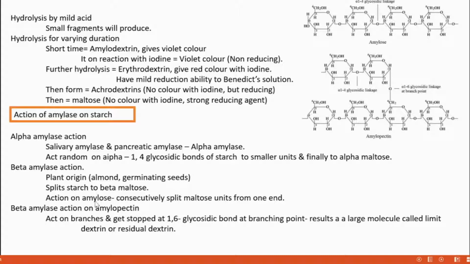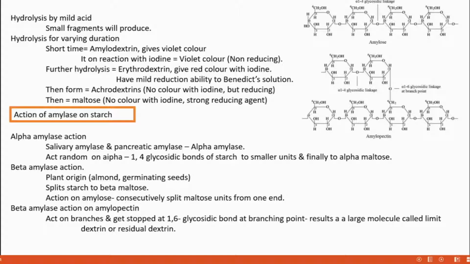Then the action on amylose. What's the nature of the reaction here? It splits maltose units from one end, because the starch is a long chain and it starts splitting from one end, not in random positions.